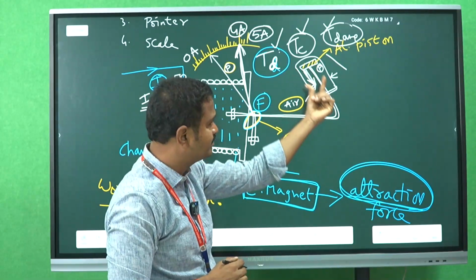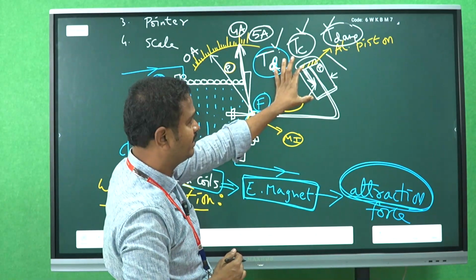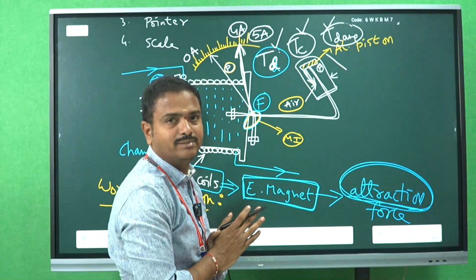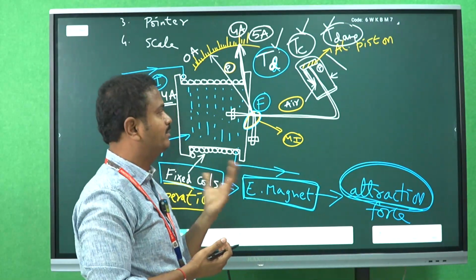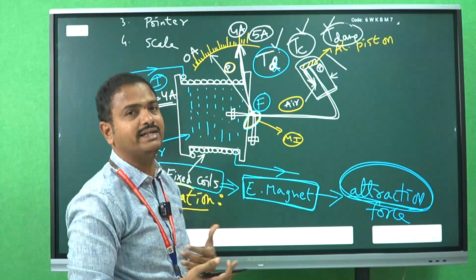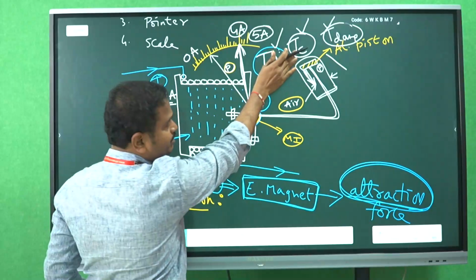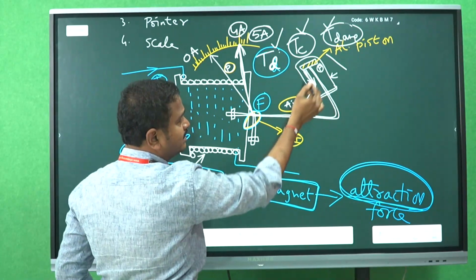So whenever the piston is moving, immediately the air inside the chamber gets compressed. That means air friction is more and more. Clear? That means the air is pressurized. The pressure of the air keeps increasing as the piston moves towards the second end of the chamber. Now the air gets pressurized.